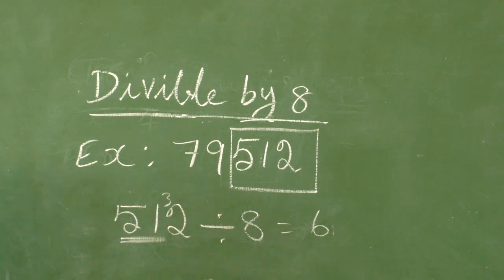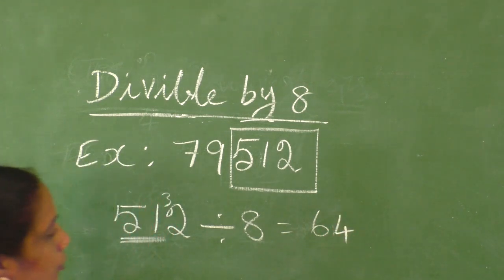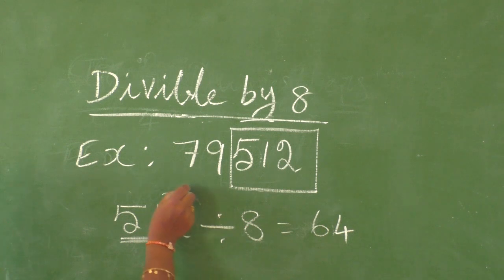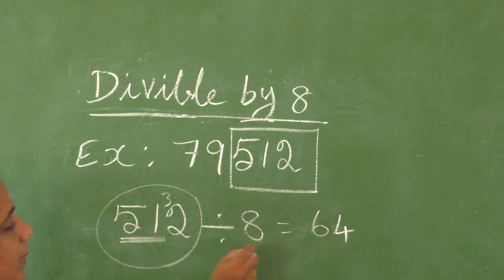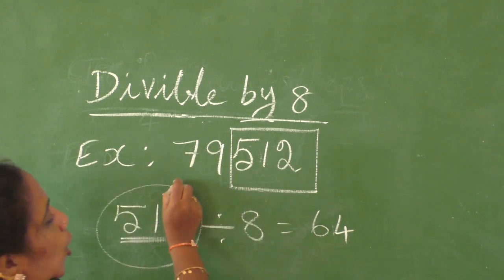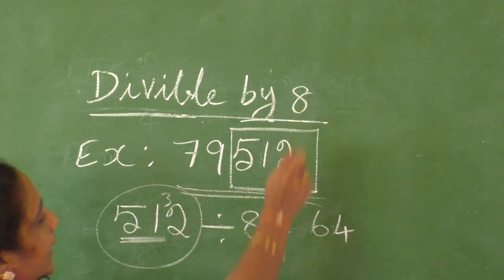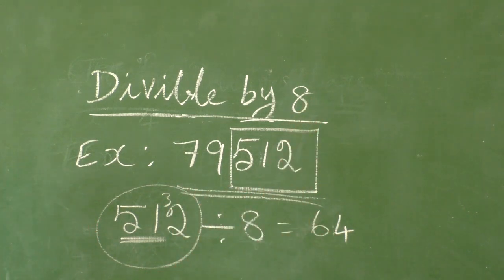Now we have 3, so again check how many times 8 comes in 32. 4 times. 4 8s are 32. That means this 512 is divisible by 8, which means this whole number is divisible by 8. So 79,512 is divisible by 8.